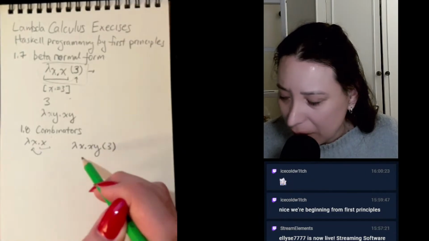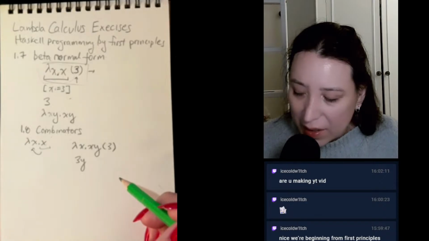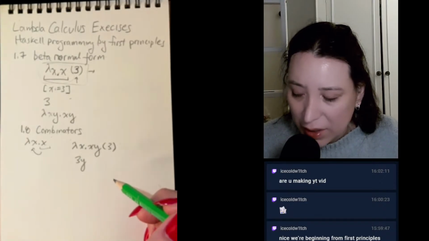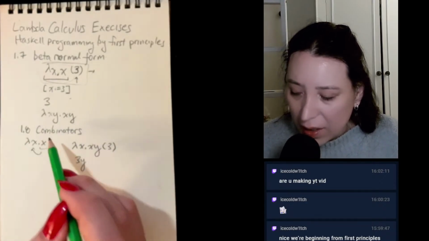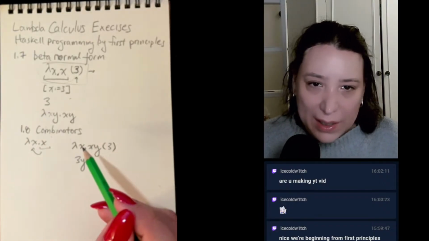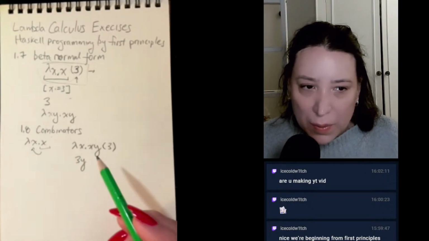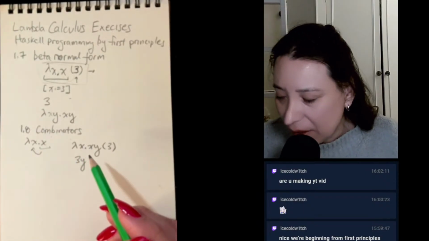So x is going to become 3, and then the answer is 3y. And yeah, so that's not a combinator. A combinator is basically it only combines the arguments that it has. So you know that it's always going to combine stuff.